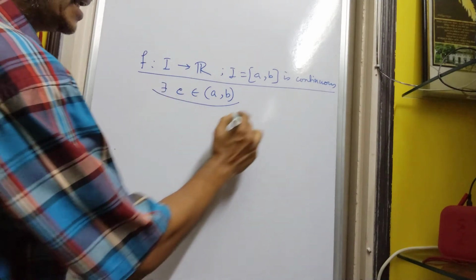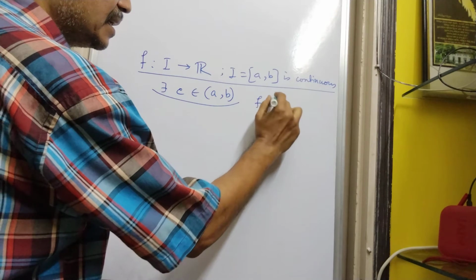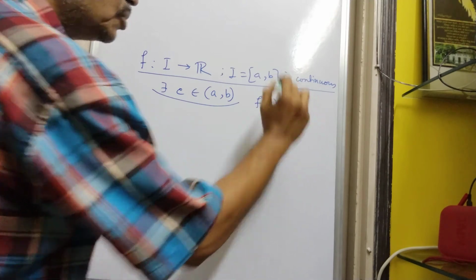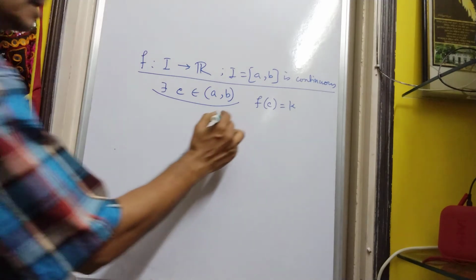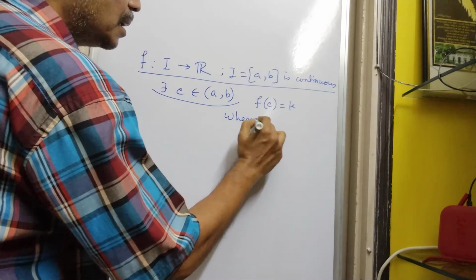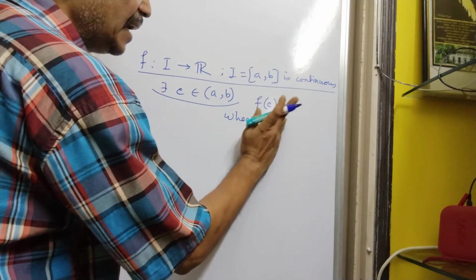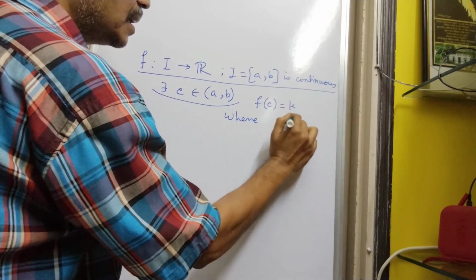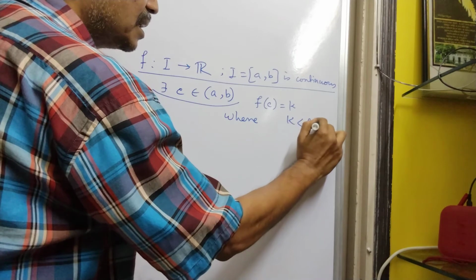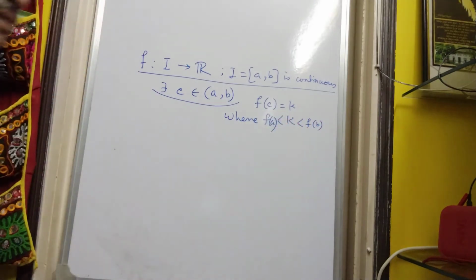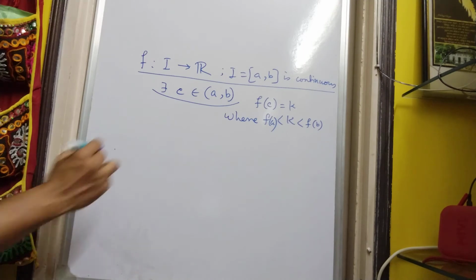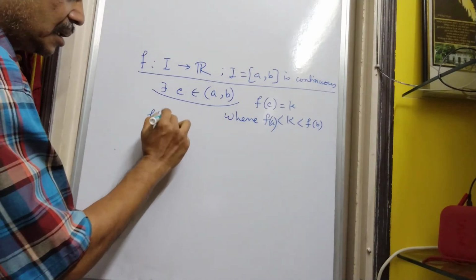There exists a point c such that fc equals k, where this k lies between fb and fa. It may as well be like this.